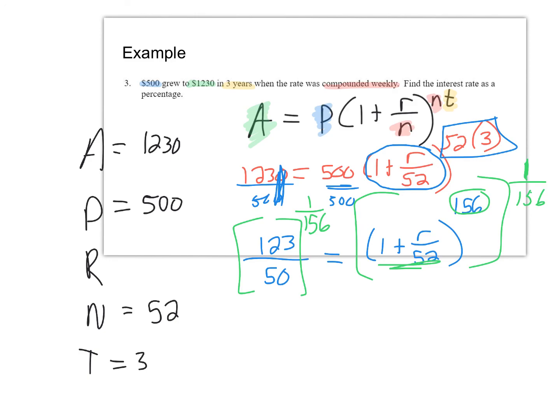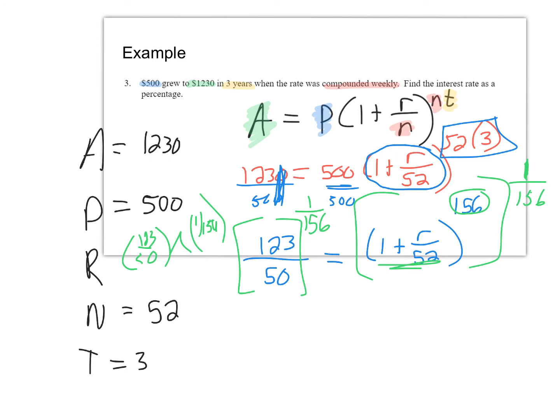So on my calculator, I'm going to open a parenthesis, type 123 divided by 50, close the parenthesis, raised to the, and then open another parenthesis, 1 divided by 156, and close the parenthesis.